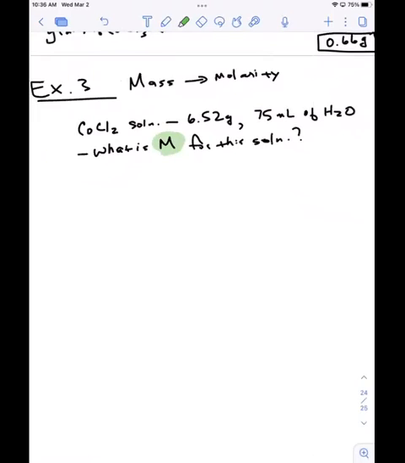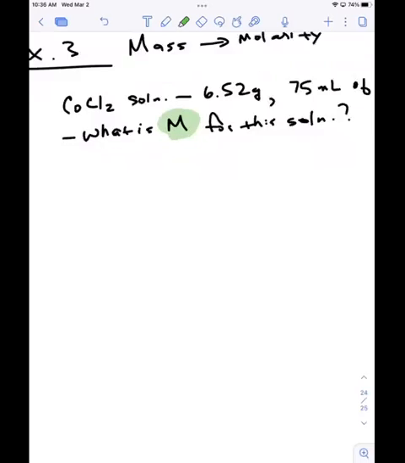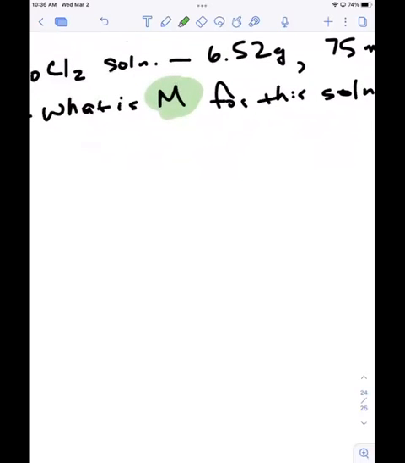But molarity is what? What are my units for molarity?